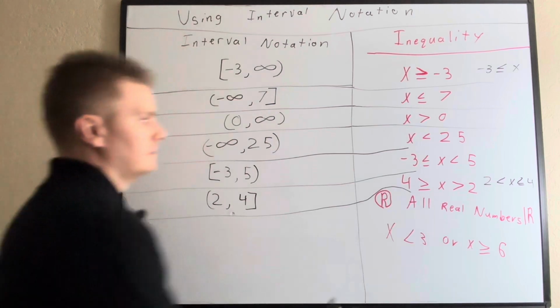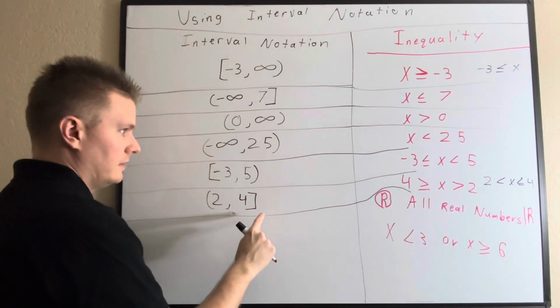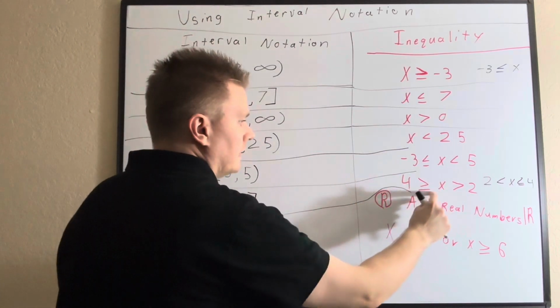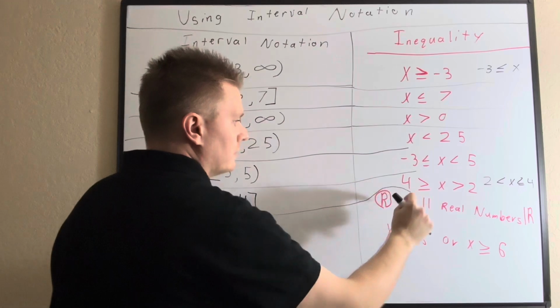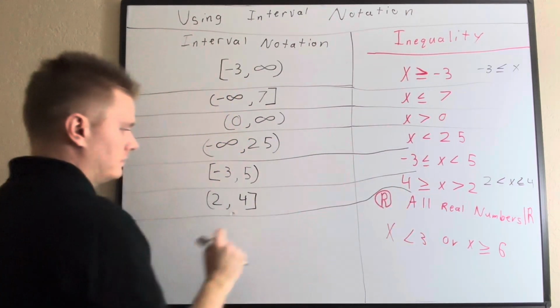I think you'll find that that is correct because x is greater than 2, right? Greater than 2. So it's going to the right. And it's less than or equal to 4, right? So going to the left of 4 and including the 4.